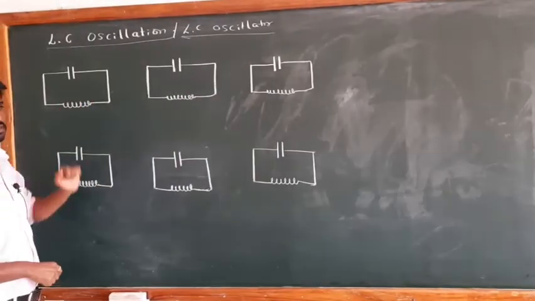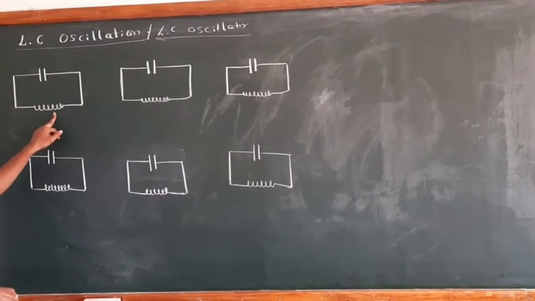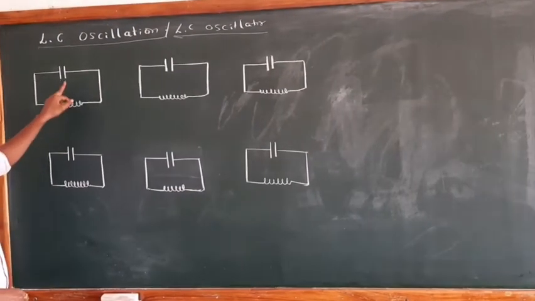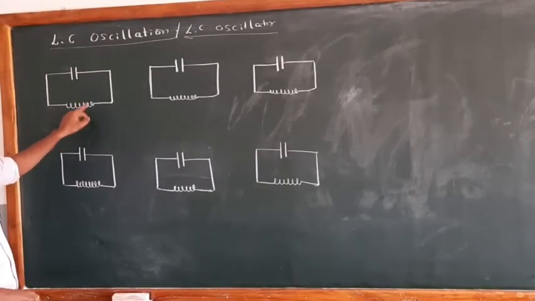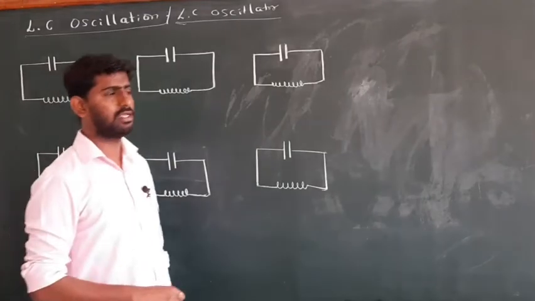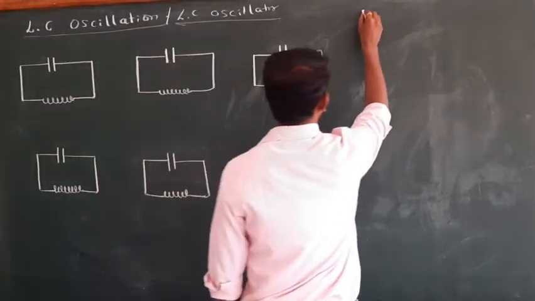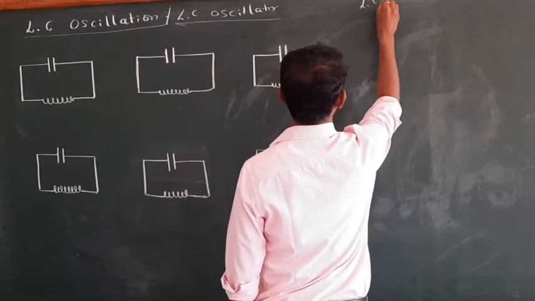Whenever we connect a charged capacitor to the inductor in parallel, we get the LC oscillation. Okay, so how to write the LC oscillation?